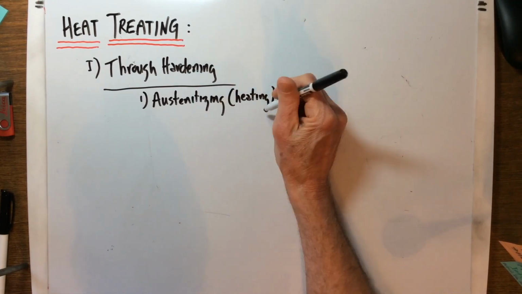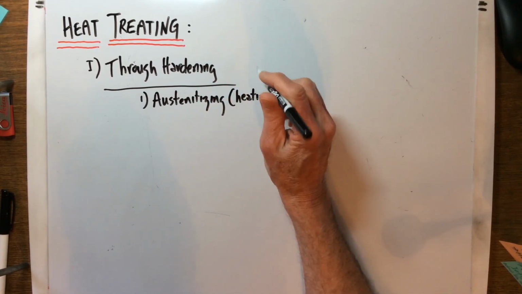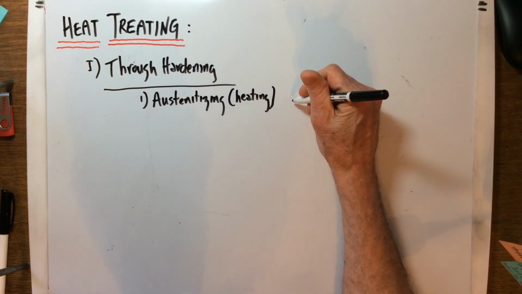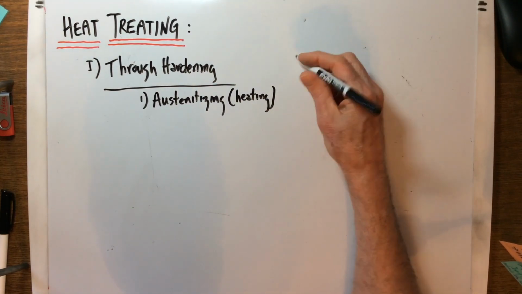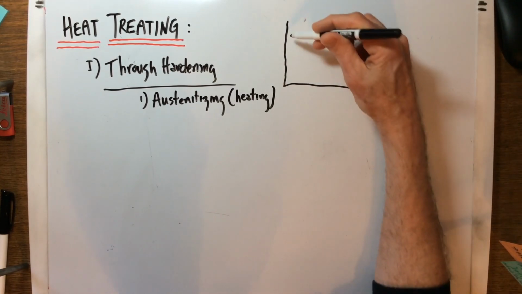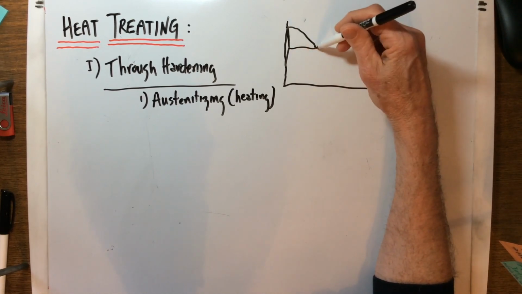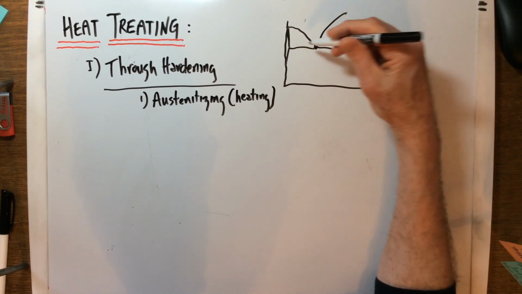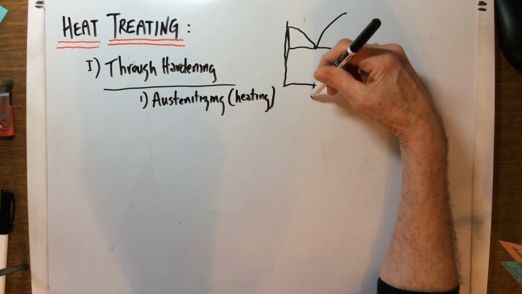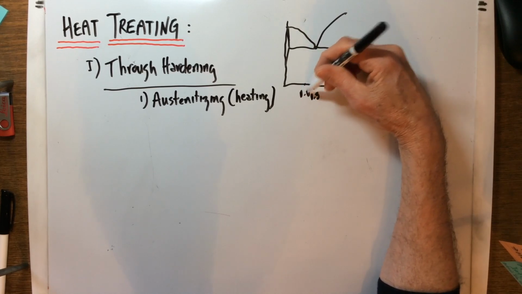Now, when we austenitize it, that's a specific temperature, because austenitizing means that we're going to bring up that temperature. Let's say we have a hypoeutectoid steel, and if you allow me to draw the diagram right quick, this is kind of what it looks like. If you recall, this is at 0.8%, and let's say we have a 0.6% steel here.